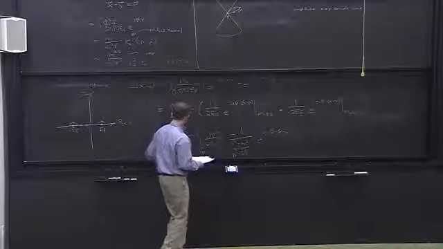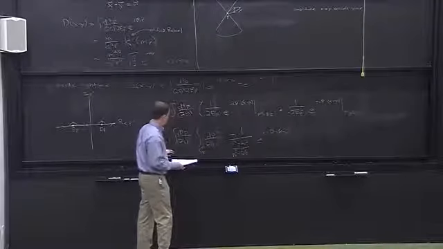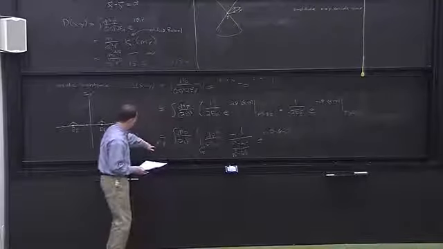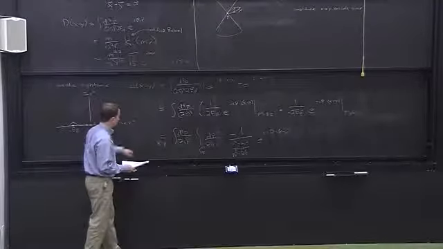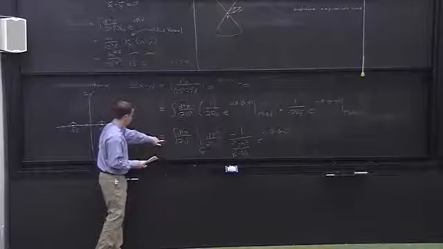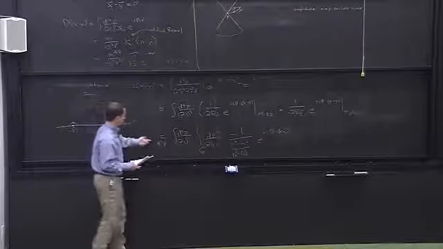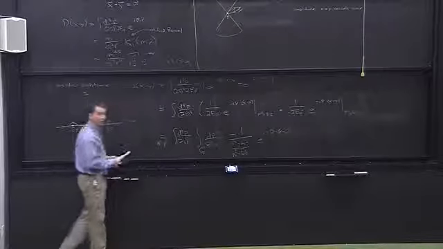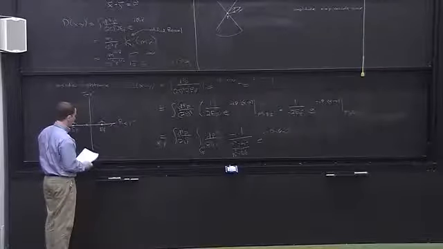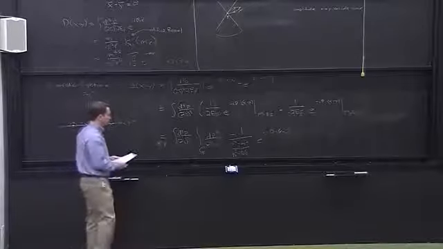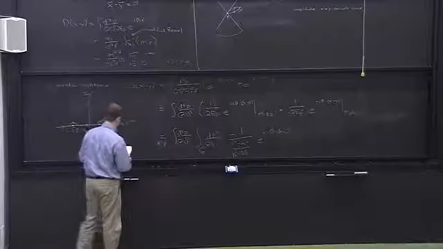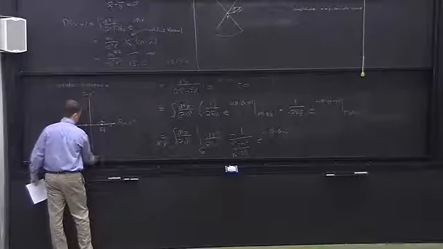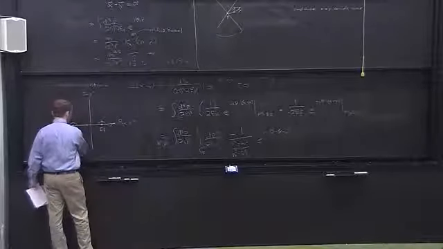To go from the third line to the second line, assuming x0 is greater than y0, so that's what this x0 greater than y0 under the equal sign means, this second line is equal to the third line only if x0 is greater than y0. So if x0 is greater than y0, then we should close the contour in the lower half plane.